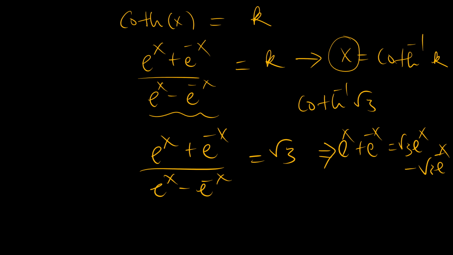And so we can even go ahead as to say we have e to the x plus 1 over e to the x equals minus root 3 over e to the x. And so we have e to the 2x plus 1 equals root 3 e to the 2x minus root 3.